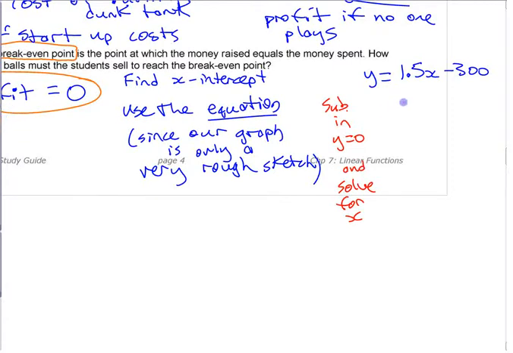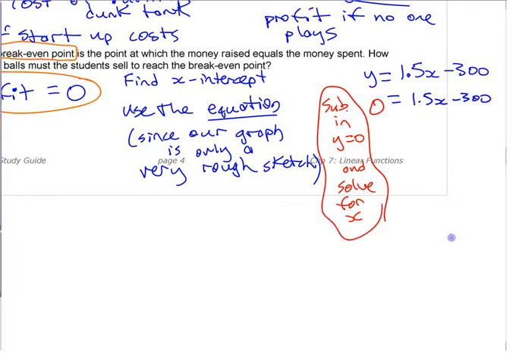So if you substitute that in, you have 0 equals 1.5x minus 300. You're substituting in 0 for y. How do you solve that equation? Now it's just a grade 8 equation to solve. Actually, I guess it's a grade 9 equation because it's got a decimal in it.